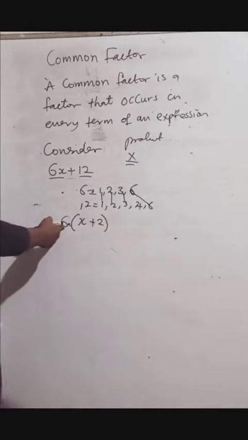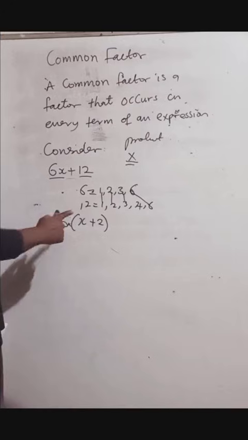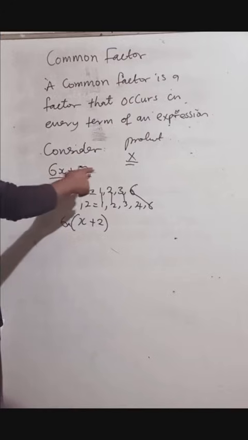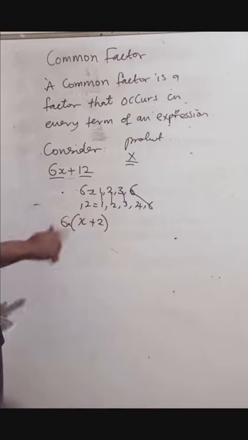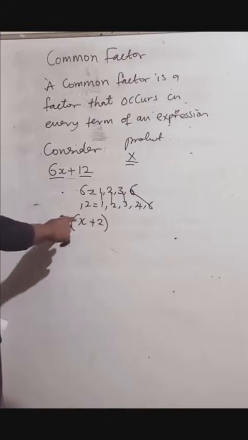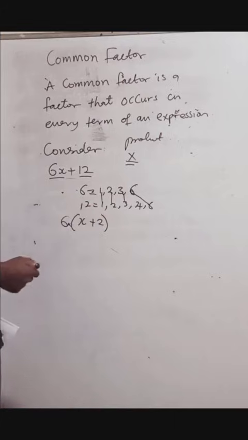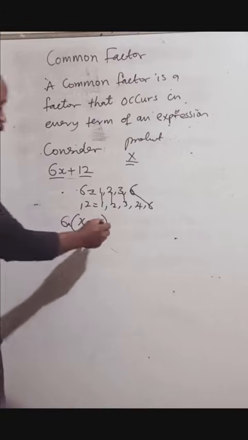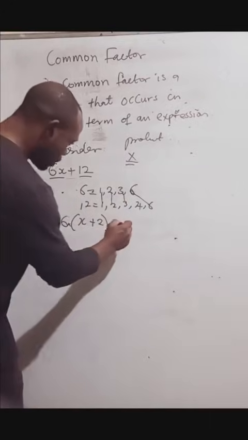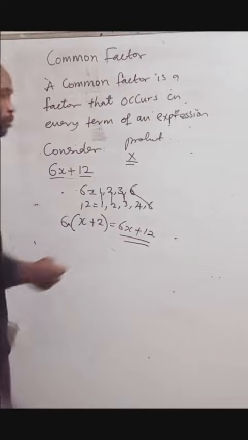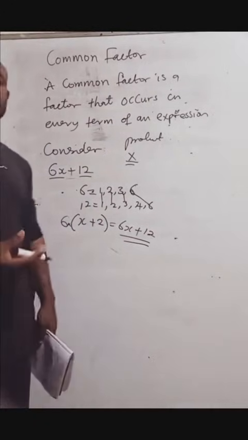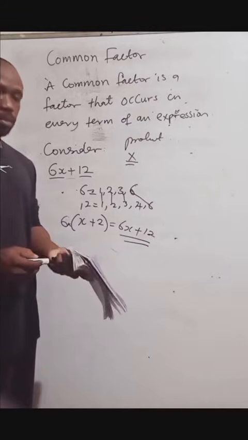So we have been able to express 6x plus 12 as a product of 6 and x plus 2. That is, we have expressed it as 6 multiplied by x plus 2. If we use 6 to multiply everything in this bracket, we are going to get back 6x plus 12. So this is how you factorize an algebraic expression.